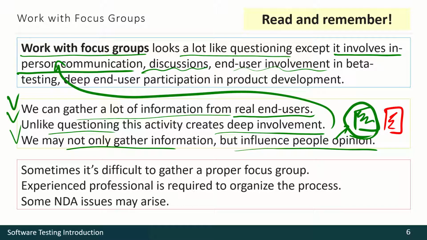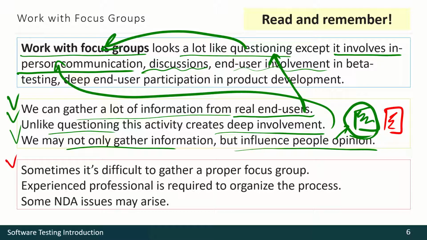And they then will share this word. They will influence other people and say that the green button is better. And other people will also understand and agree on that. That's almost impossible with questioning, but it's really possible with focus groups.